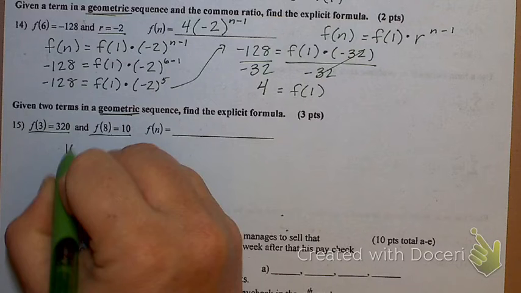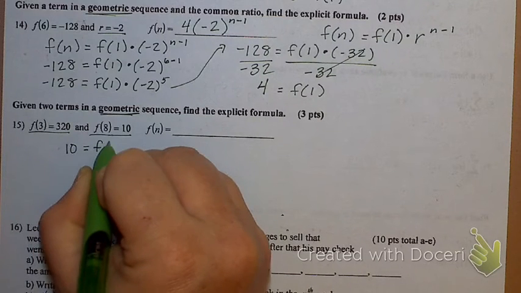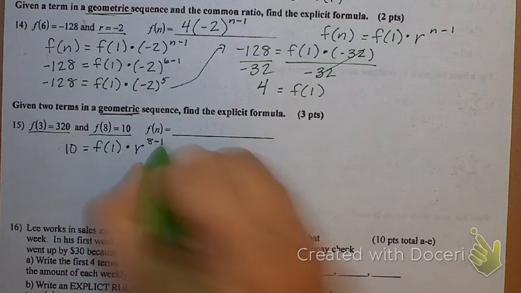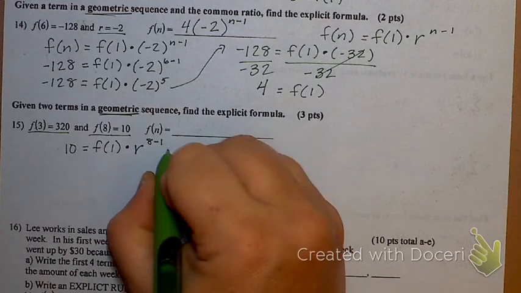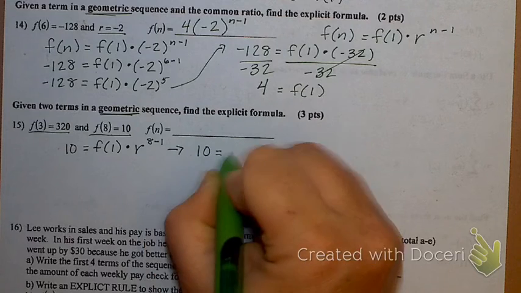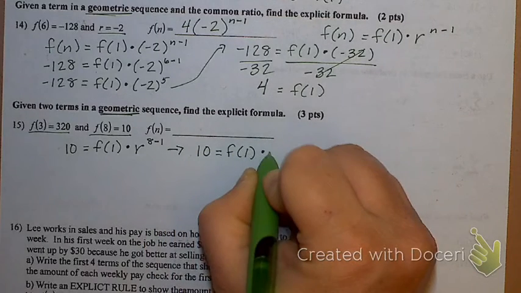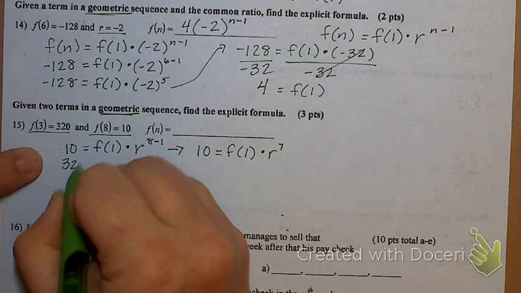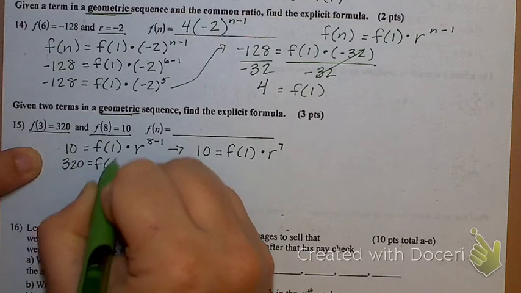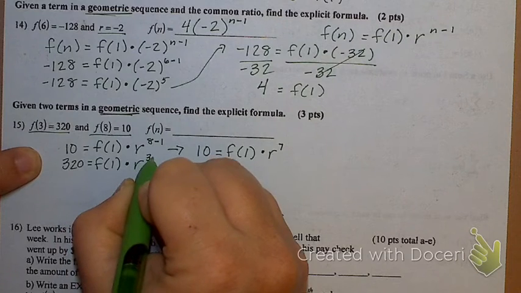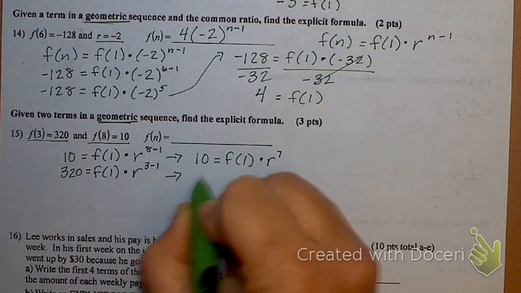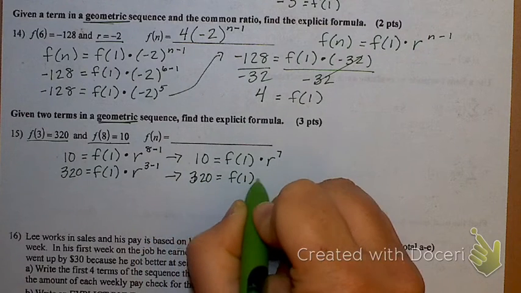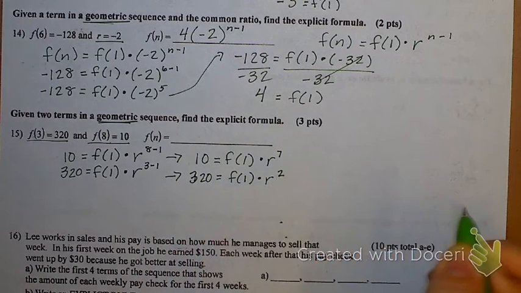Which one? 10 equals the first term times my r value to the 8 minus 1, which becomes 10 equals f of 1 times r to the 7th. This one would be 320 equals f of 1 times r to the 3 minus 1, which gives me 320 equals f of 1 times r to the 2nd.